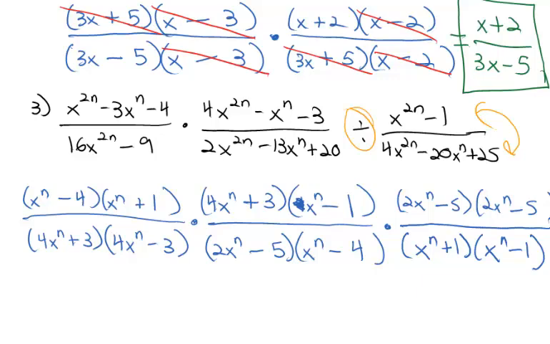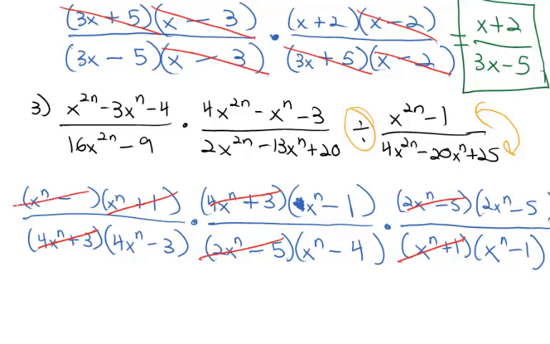So the only real difference is there's just a lot of factoring in this problem. But now it's much the same. We do our reducing. There's an x to the n plus 1. Whoops. Let me back up. X to the n plus 1. Make sure I grab the right one. There we go. There's a 4x to the n plus 3. There's a 2x to the n minus 5.